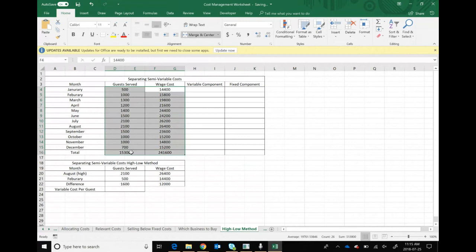So this is the labor cost, being salaries and wages. We have the labor cost and guests served for each month. So we go through each month and we pick out the month that has the highest guest counts and the highest labor. And then we go through and we find the month that has the lowest guest counts and the lowest labor.